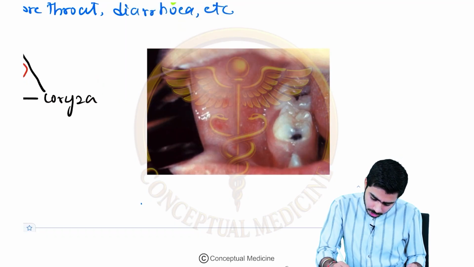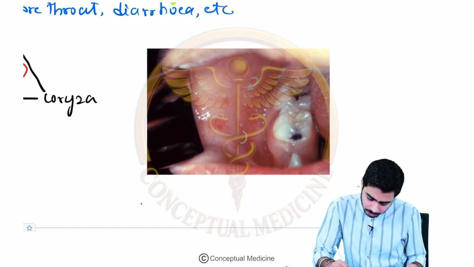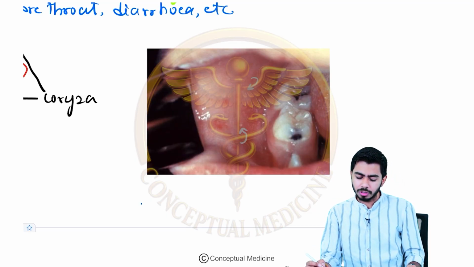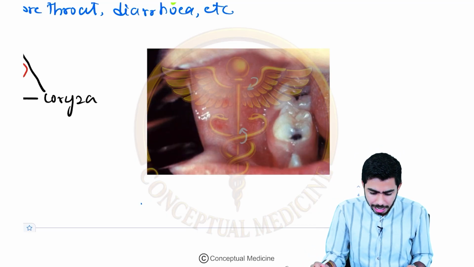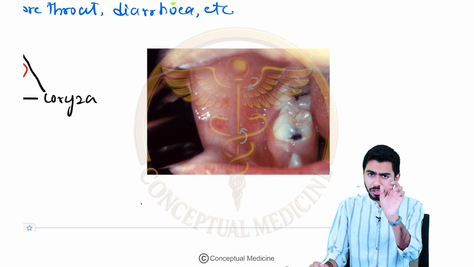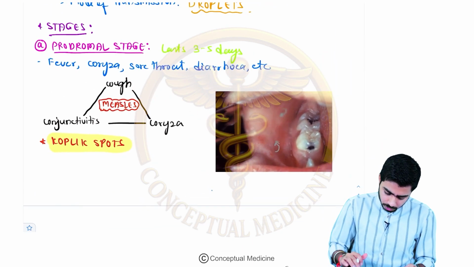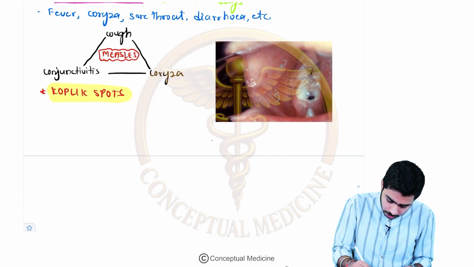So for example, you are seeing these kinds of rashes. These are the white rashes present in the buccal mucosa region, that would be seen near the first and second molars. So guys, let me mention the Koplik spots over here itself.